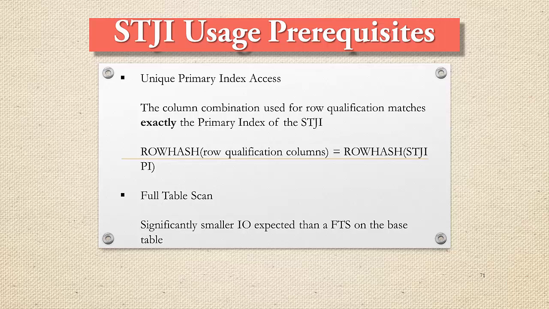Depending on whether we hit the primary index definition of the single table join index by the column combination we use for row qualification, we can first achieve even a unique primary index access if we happen to have a unique primary index defined for the single table join index, but we can get the optimizer to using the single table join index as well if we query in a way that does not match the single table join index, but the optimizer comes to the conclusion that it is comparatively cheaper in terms of I/O to use the join index instead of the base table for executing the query.